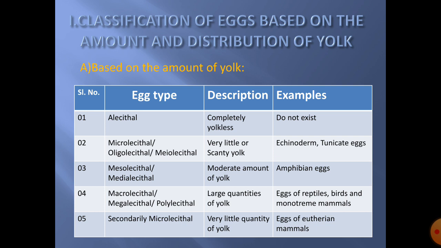As a result, the eggs became secondarily microlecithal as much reserved food material is not needed for the development of the young one. Hence, the eggs of eutherian mammals are secondarily microlecithal.